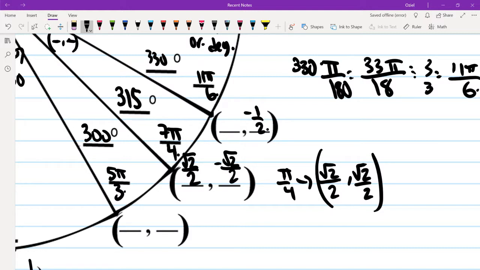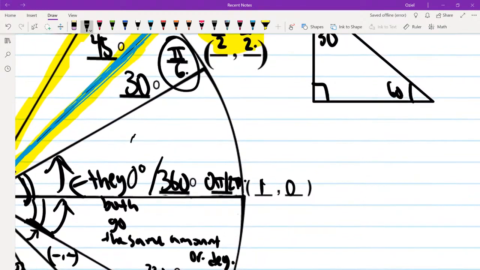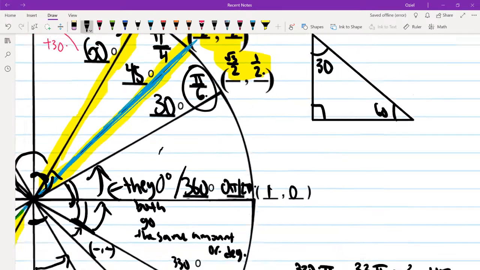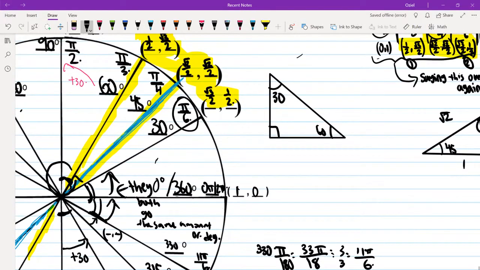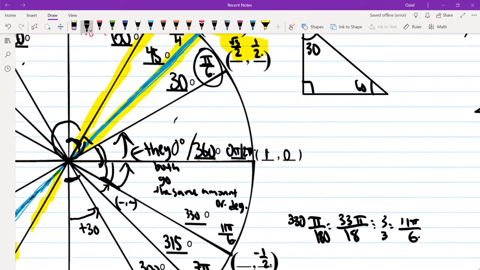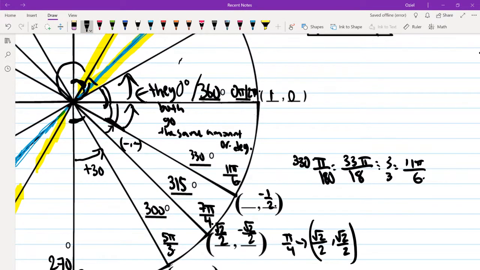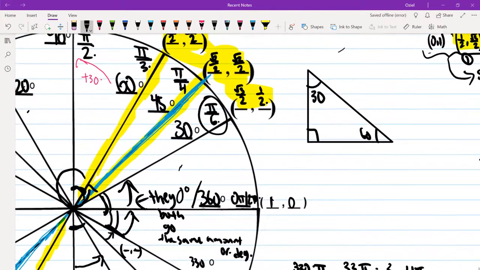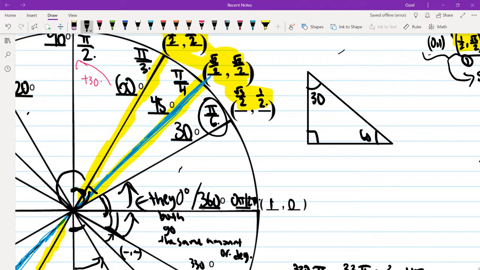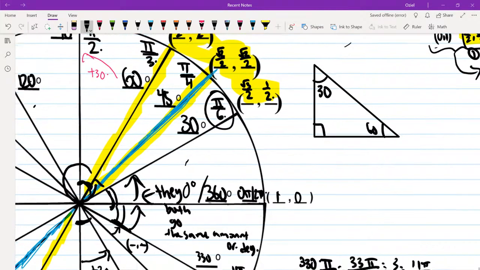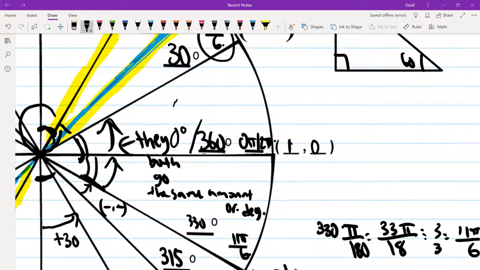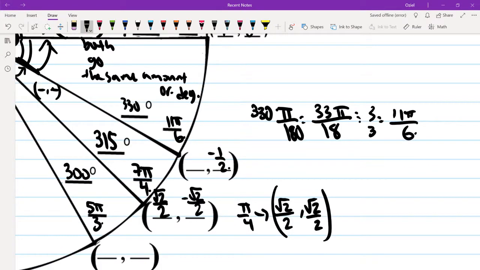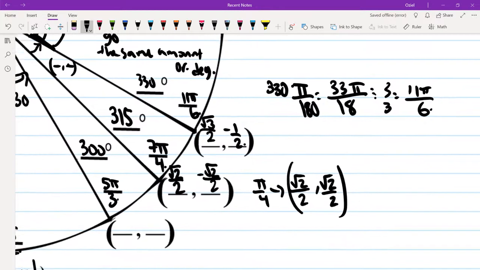And then this one would be the square root of 3 over 2, negative 1/2.